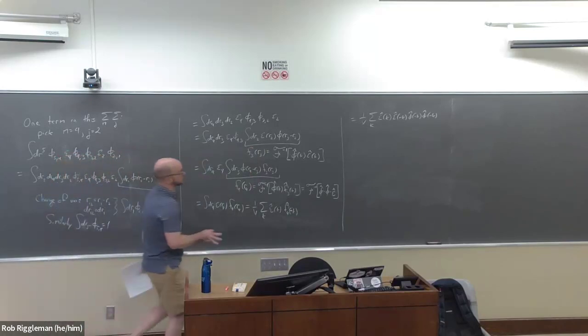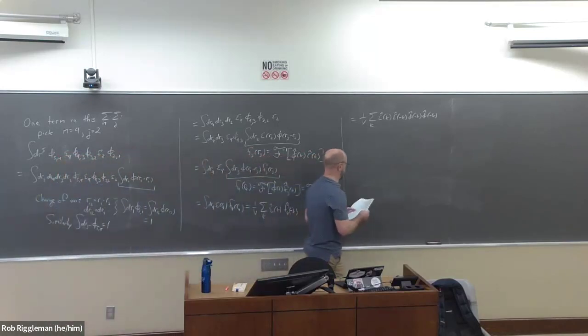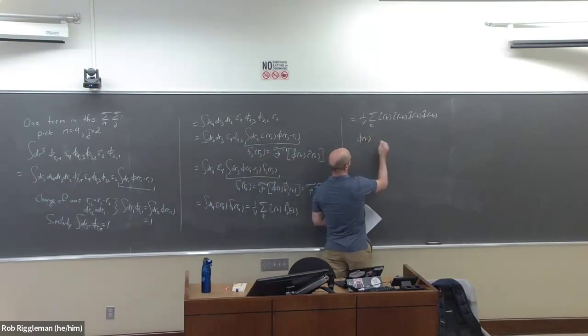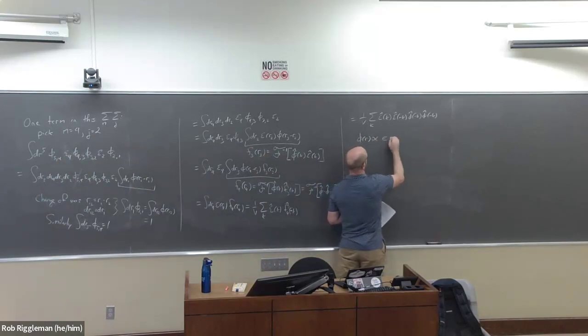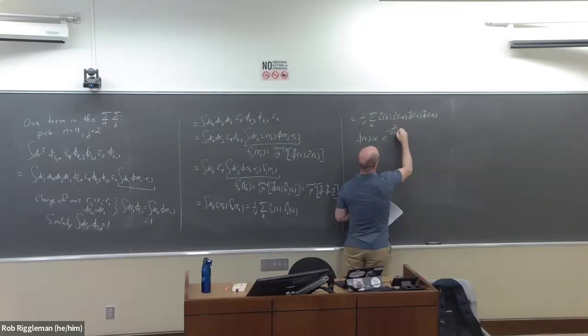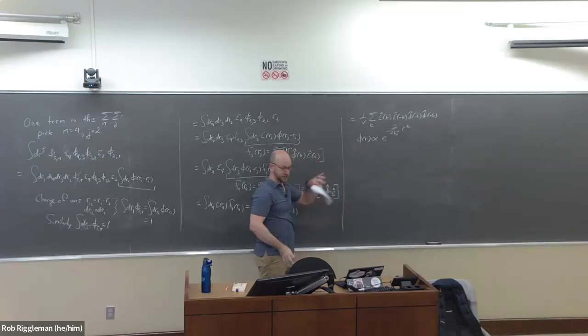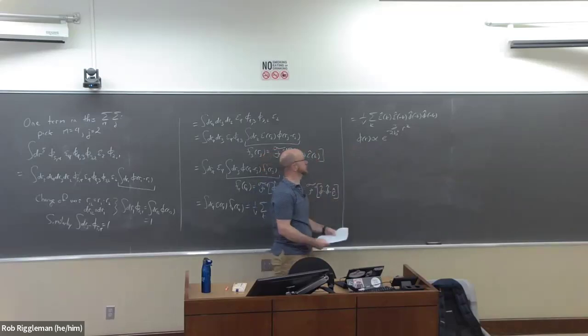All right. So the last little bit that we need here. If you remember, our phi of r was proportional to a prefactor and then e to the minus 3 over 2 b squared r squared. That was the bond transition probability.